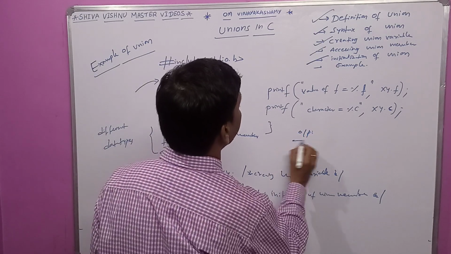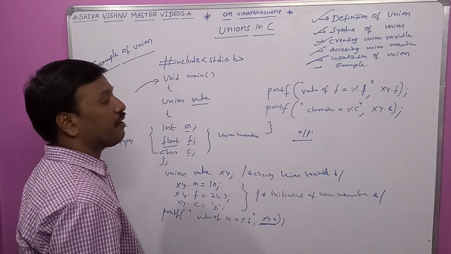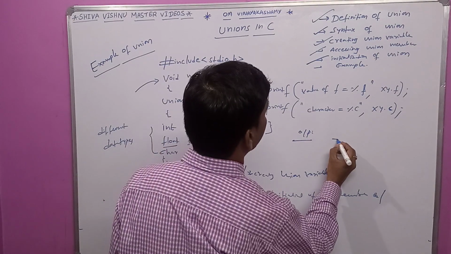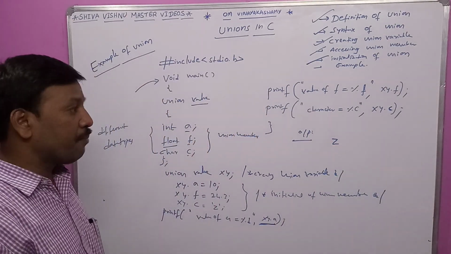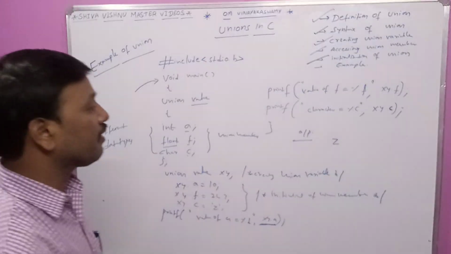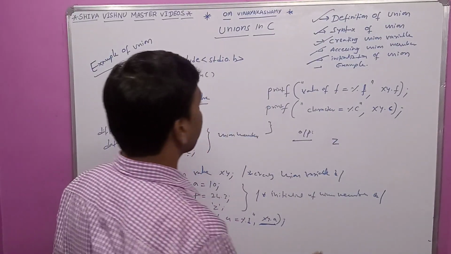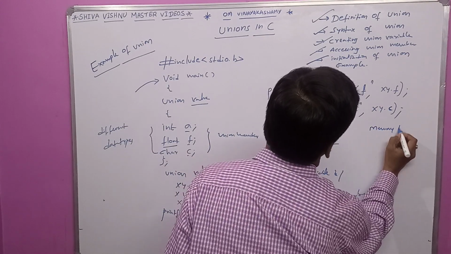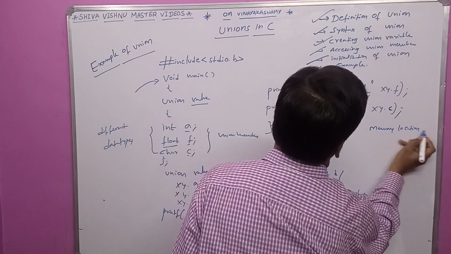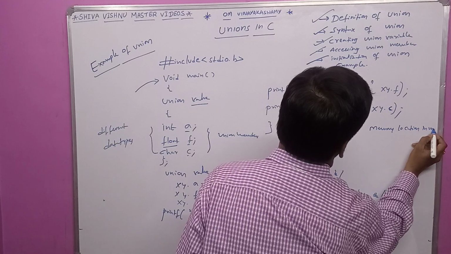The output here you can see, we will get the answer z. Why? Because here you can see the memory location in union.